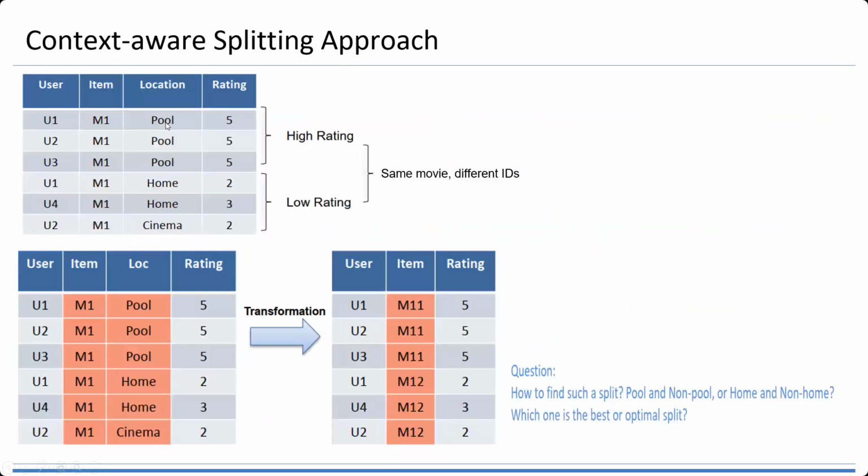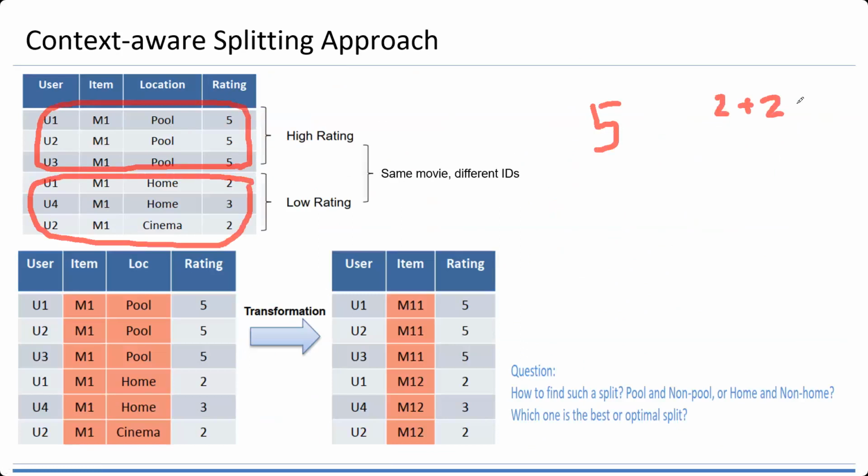In this case, I didn't give you the example, but what is the average of this one? If it is full, then the average is 5. If it is non-full, the average is 2 plus 2 plus 3 divided by 3.